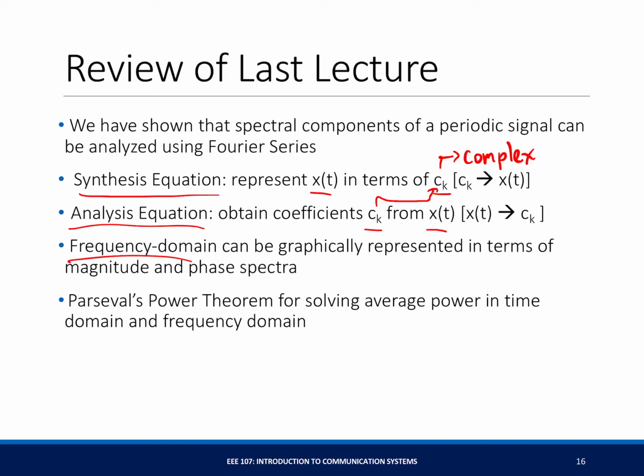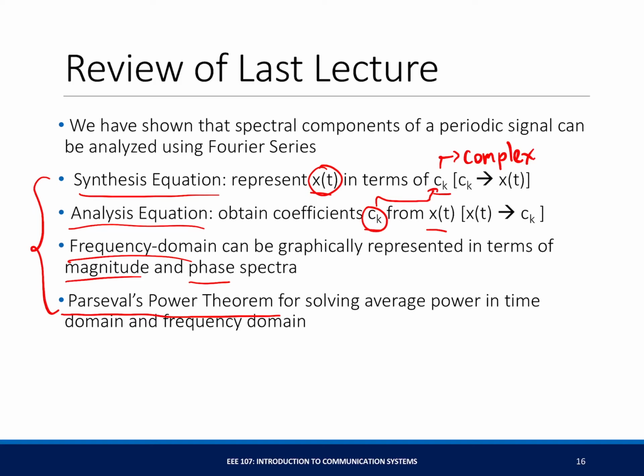The line spectrum, or the frequency domain, can be used to graphically represent your periodic signal in terms of its magnitude and phase. And we've also related the coefficients to the average power of your x of t using Parseval's power theorem.